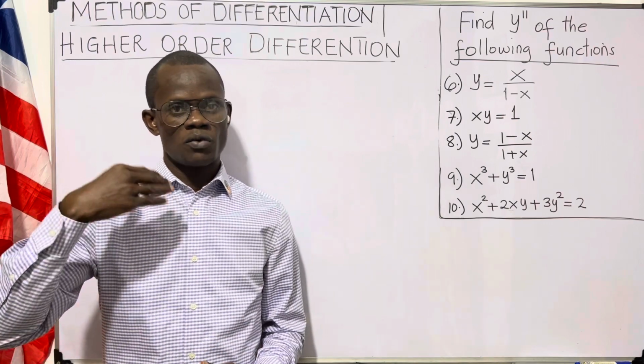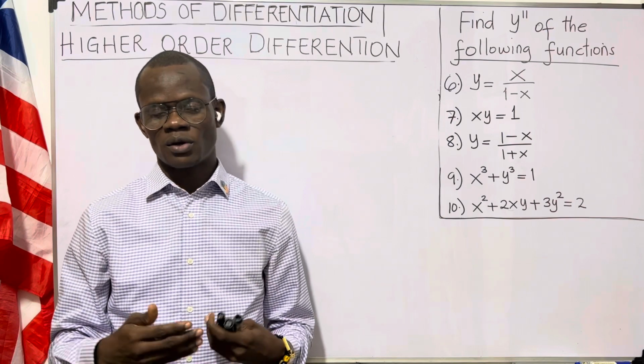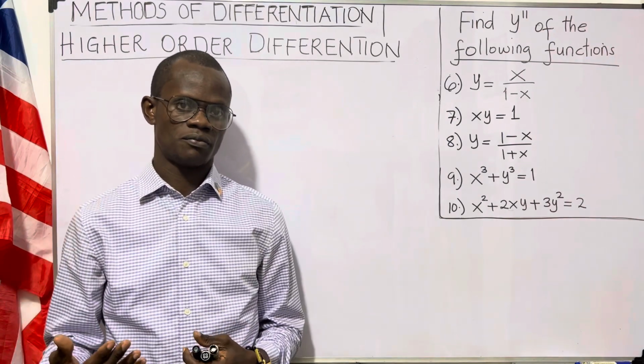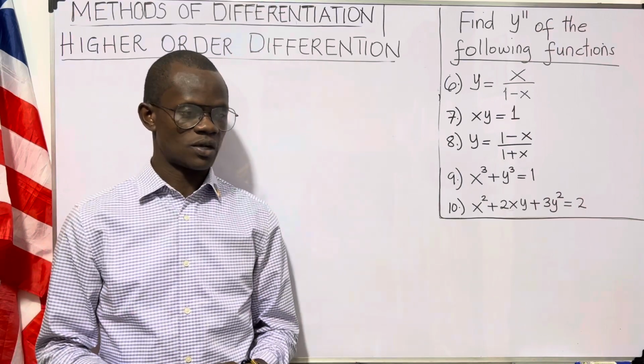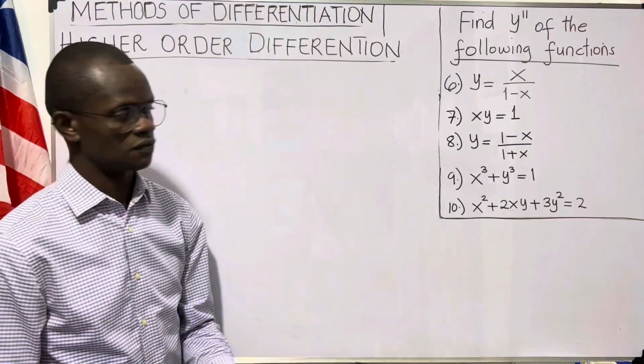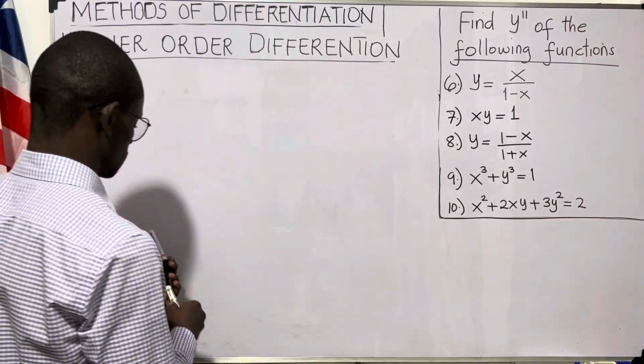So if we want to find more derivatives of a particular function, we are carrying on higher order derivatives, be it the second derivative, the third derivative, the fourth, and so forth. So let's solve additional problems.